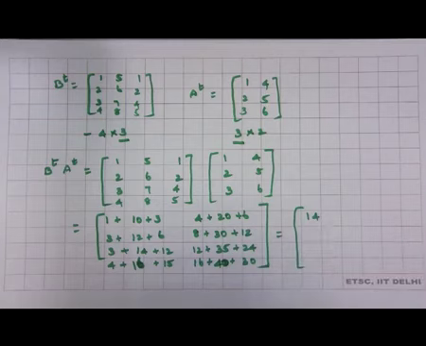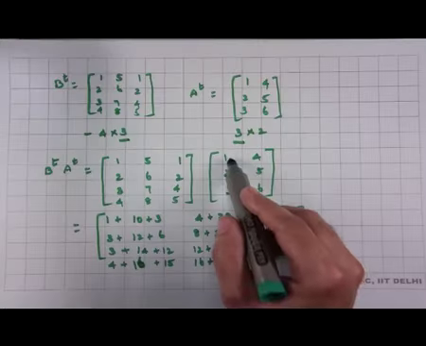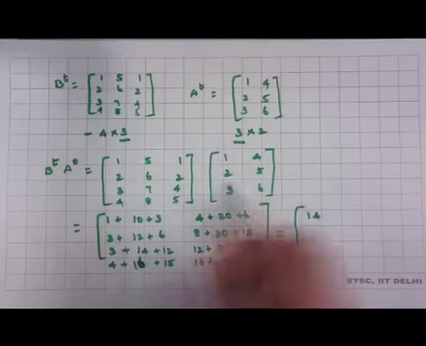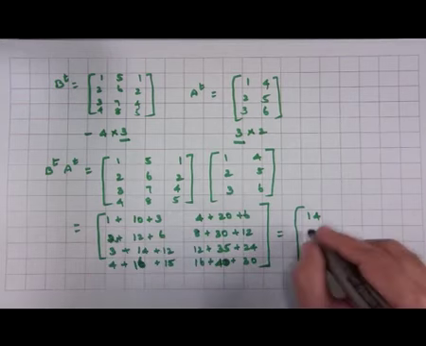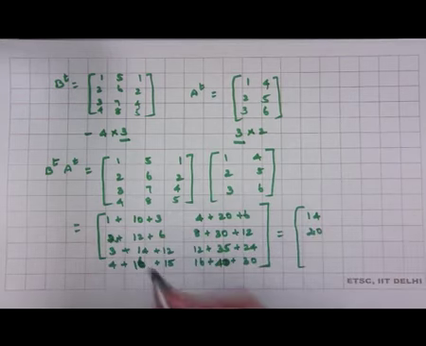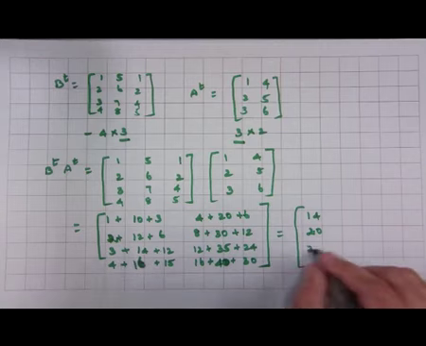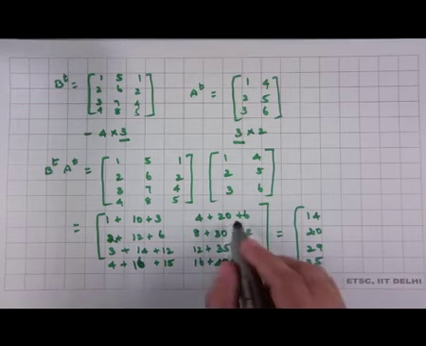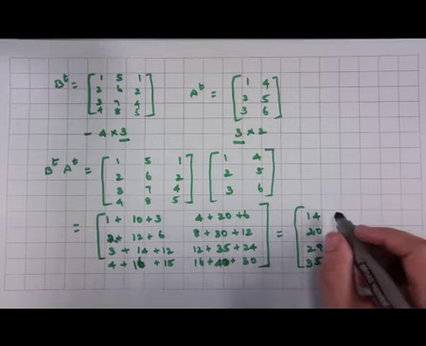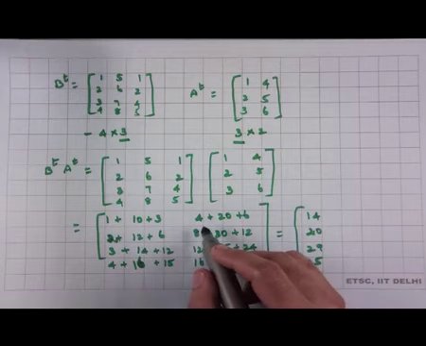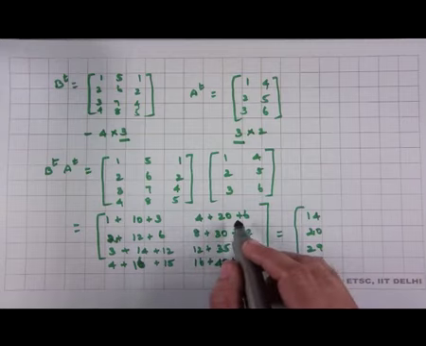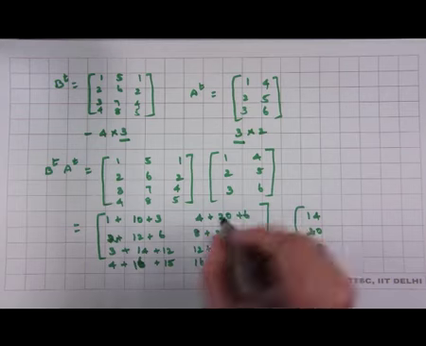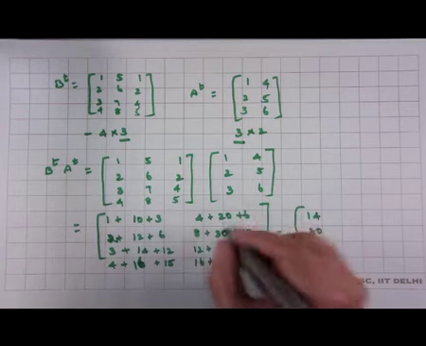14, 15 plus 6, 21, sorry, this should be 2, which will give me 20, this is 29, 35, 30, 4 plus 20 plus 6, sorry, this should be 25, this should be 25.